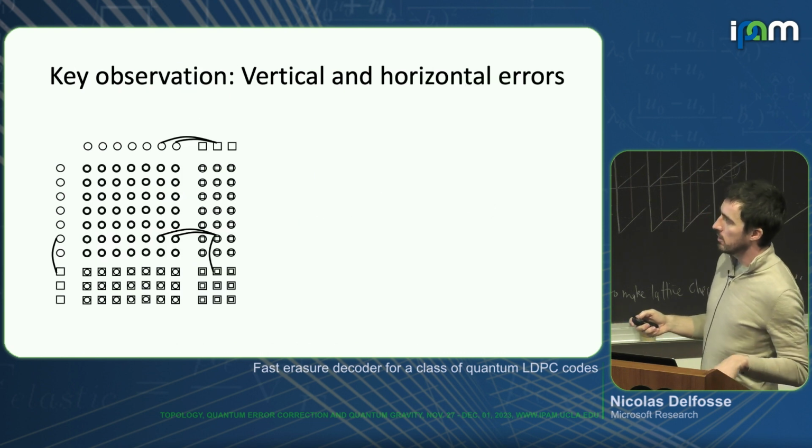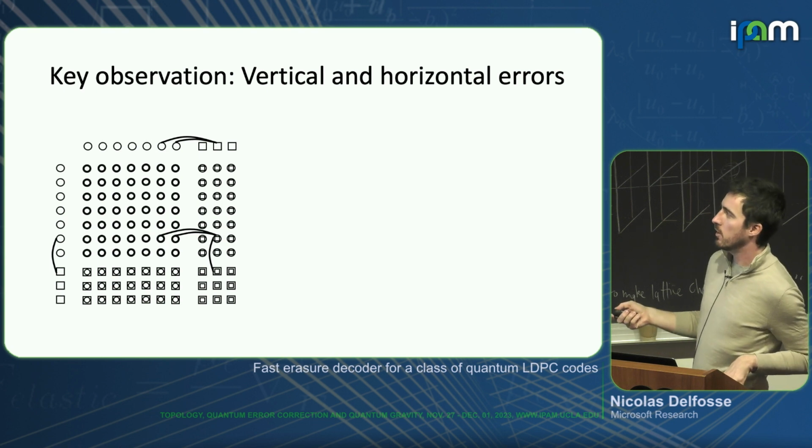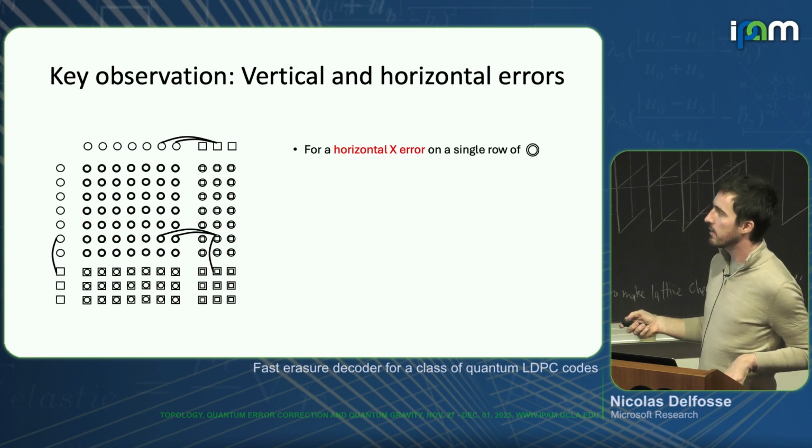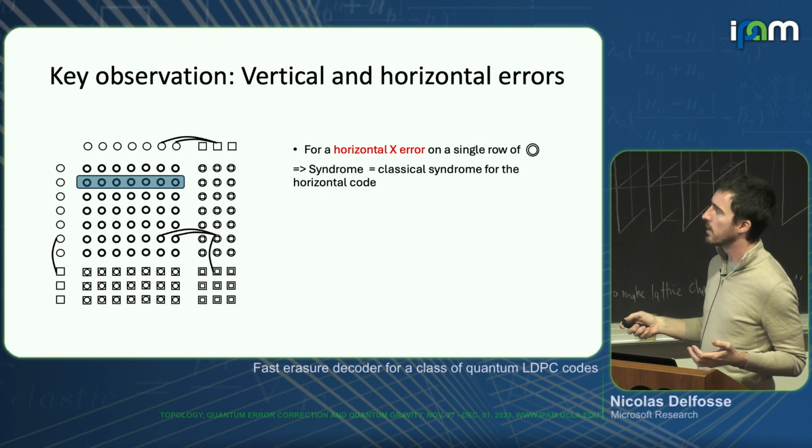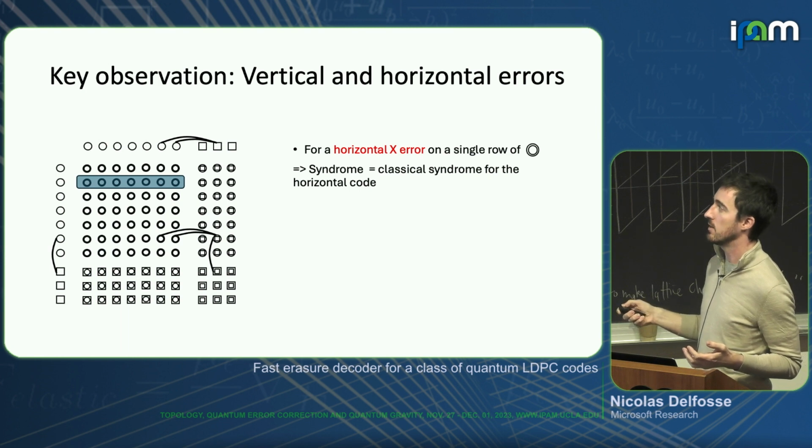the key observation of our most recent paper is that if we look at a horizontal X error that is included in a single row, if it has support in a single row, then the syndrome of this error, when we evaluate the checks, corresponds to the classical code syndrome. Why?